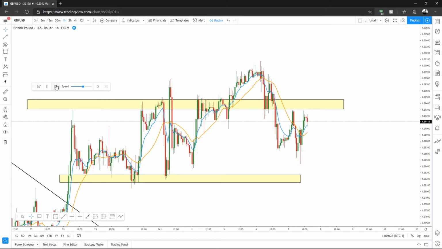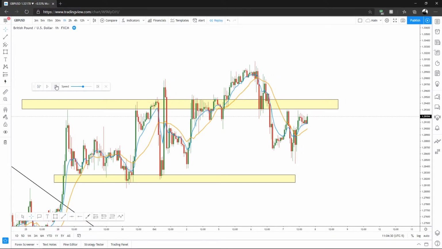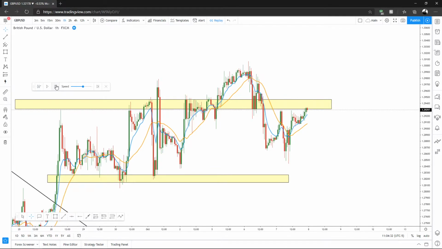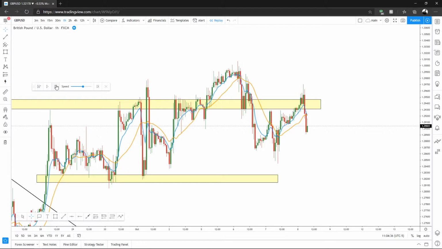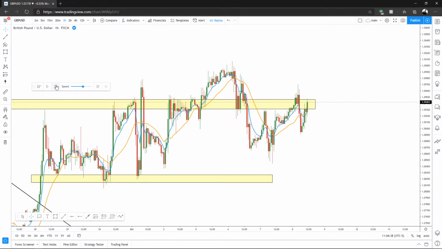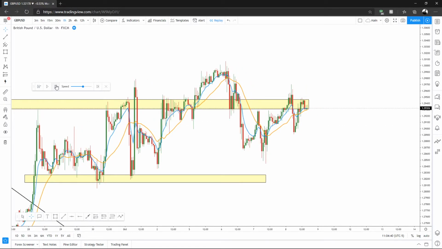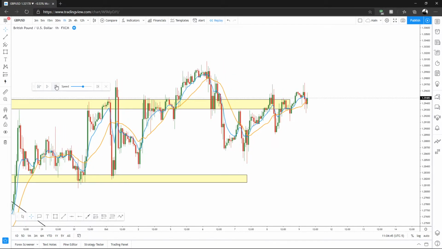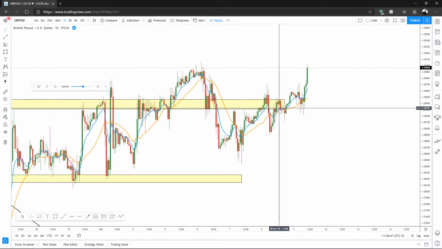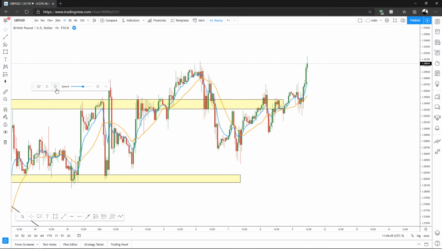Man, this market's acting really crazy right now. Lots and lots of just minor movements. Closed back below once again, retesting again. Broke above. It's struggling to break the 129.32 area.